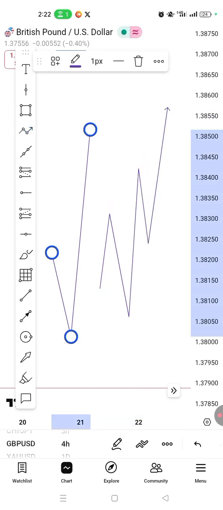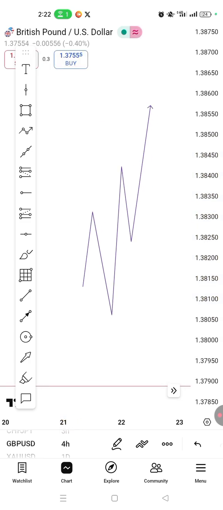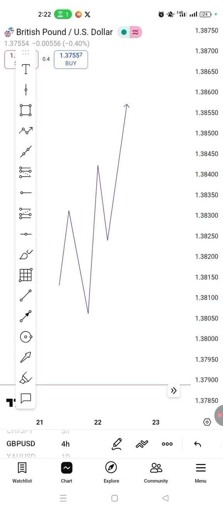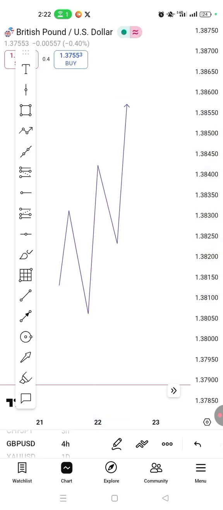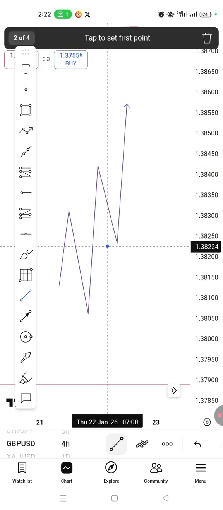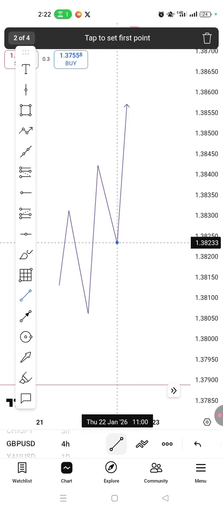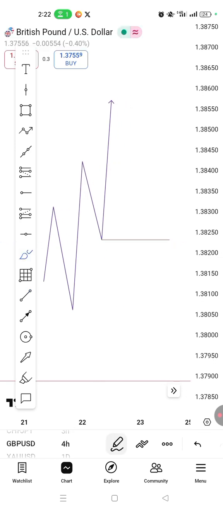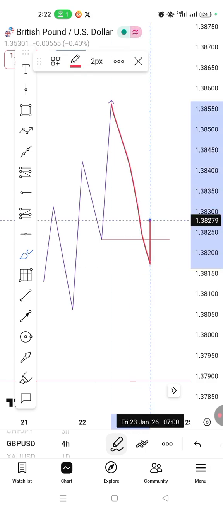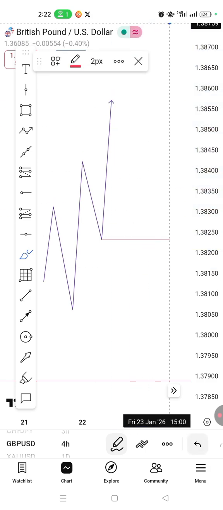Now there are two models that we can see, so I'm going to be drawing out the second model. I don't think I've emphasized this first model very well, which is a sweep and break and another break, which some people call type 1. You are free to call it anything. The expectation here is that market will come down, break this low, and then continue its buy momentum.